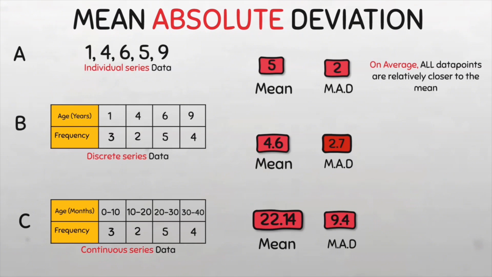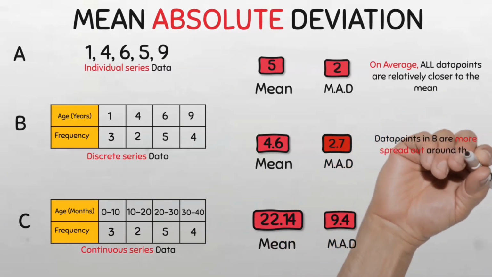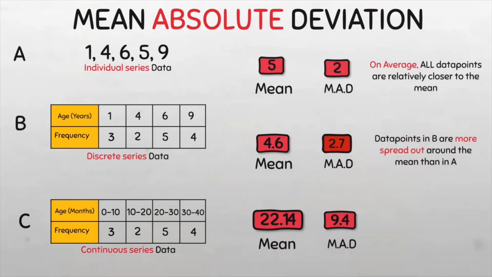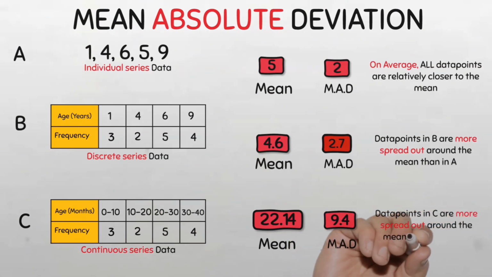When compared with the second dataset, despite having a slightly lower mean of 4.7 than the data in A, the mean deviation is slightly higher than that of A, indicating that the data points in B are more spread out around the mean than in A. This suggests that the variability or dispersion in B is higher than that of A. In the third dataset, with a mean of 22 and mean absolute deviation of 9, this dataset has a higher variability around the mean, indicating that, on average, all the data points in C are 9 units away from the mean, thus reflecting a wider spread of values when compared to the other 2 datasets.